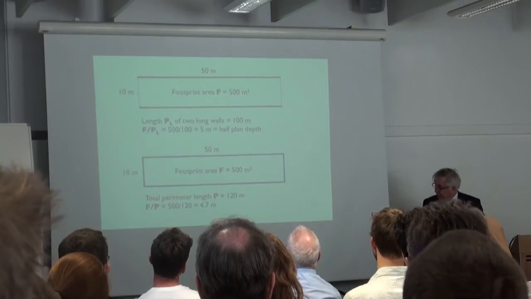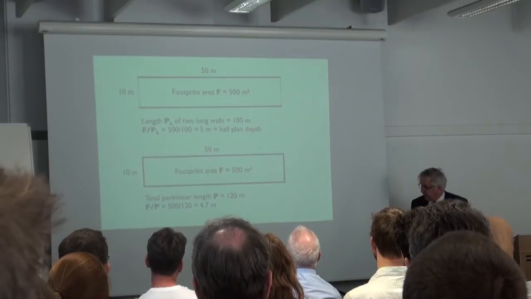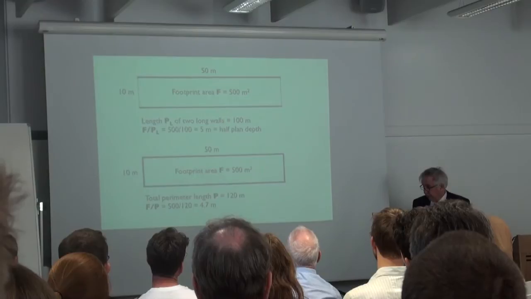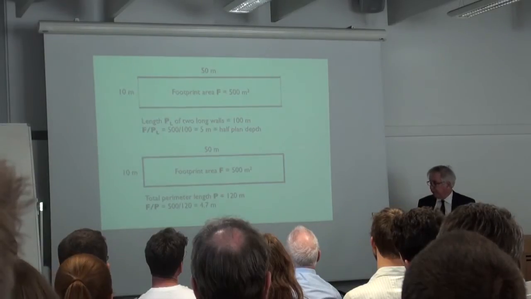So if we look at the lower figure, again 50 by 10, footprint of 500, and we now count the short walls, we get a ratio, at the bottom, of footprint area to perimeter of 4.7.